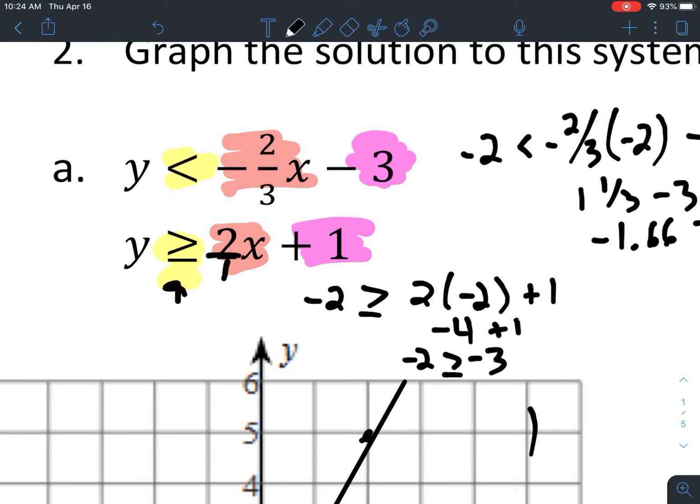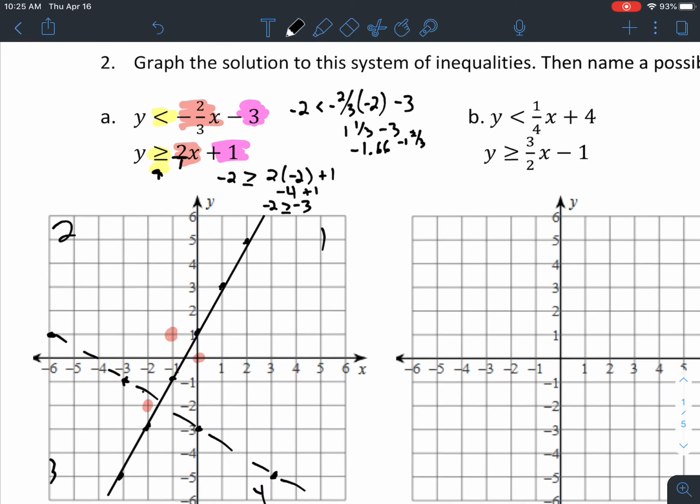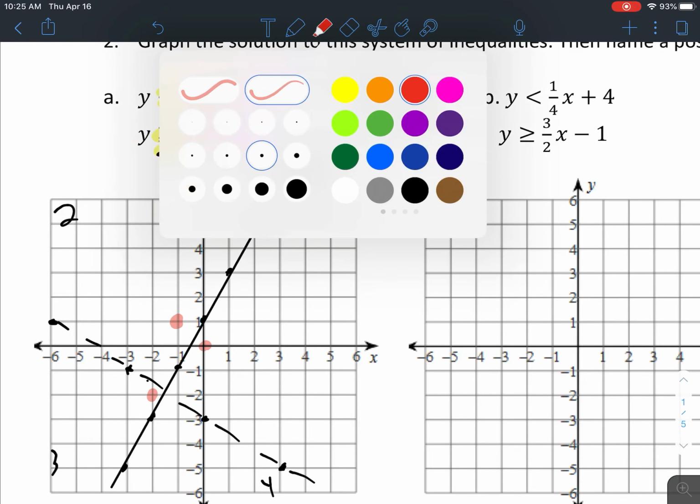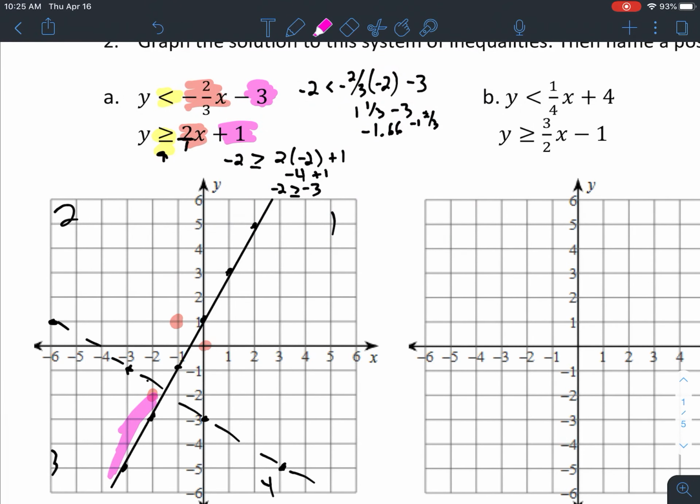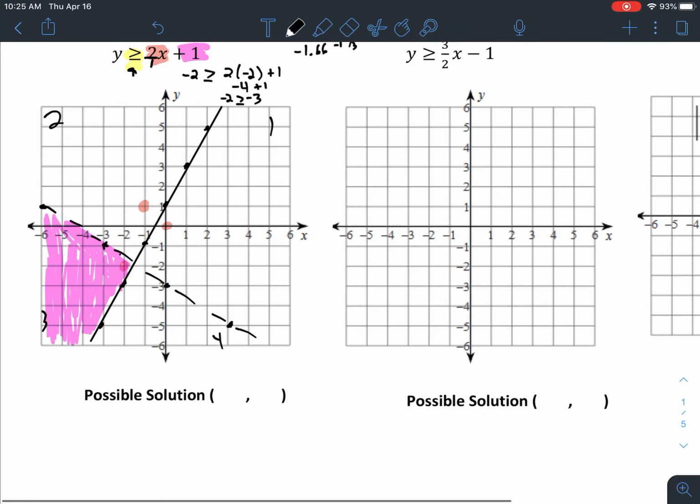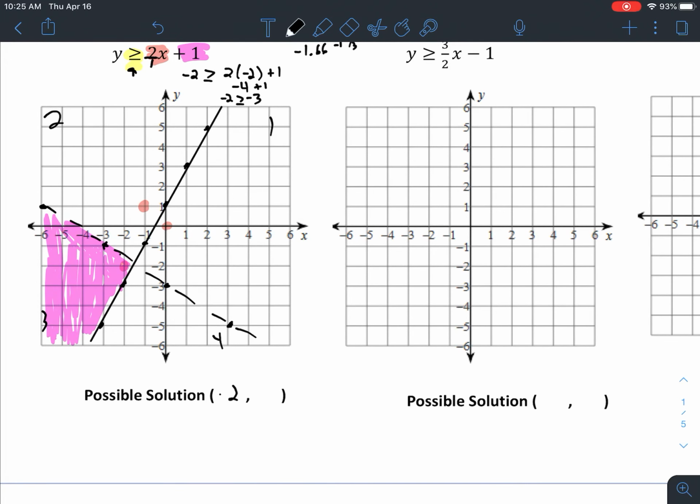We know that's true because negative 2 is a bigger number than negative 3. So we know that this zone 3 is a possible solution. So we shade this zone just like that. Okay? That's all you have to do. So we know a possible solution is negative 2, negative 2.